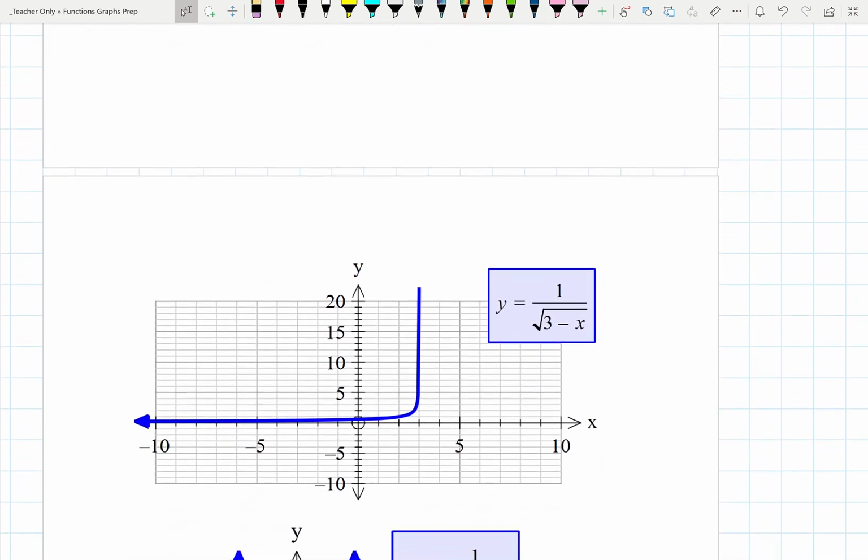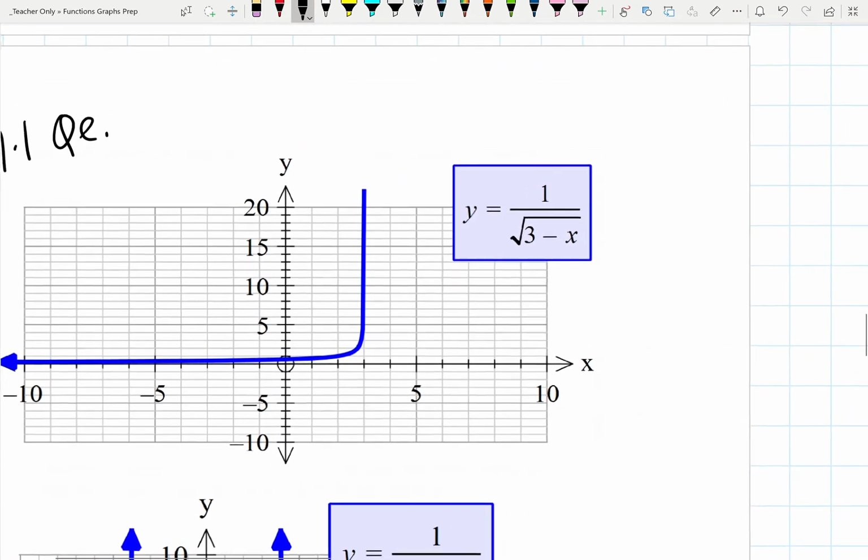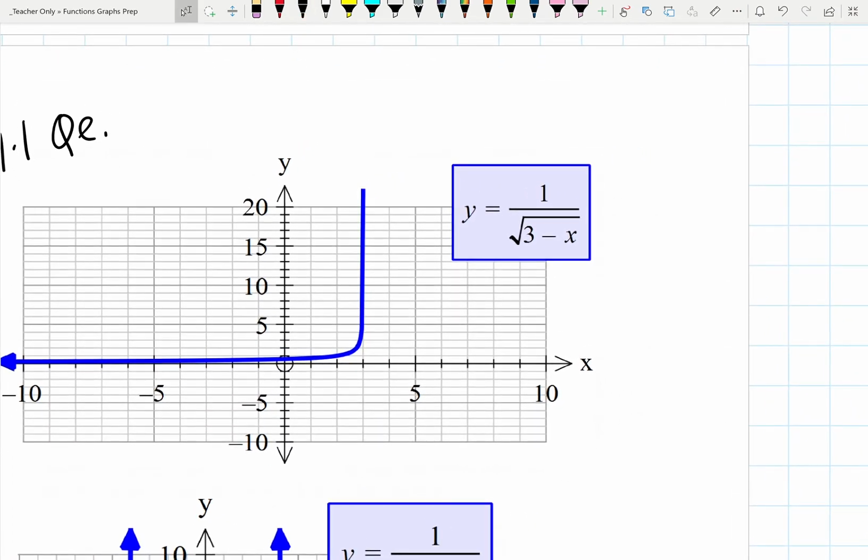Example 7.1, question E. We've got 1 on √3 minus x, and we need to think about for what values of x the function makes sense.